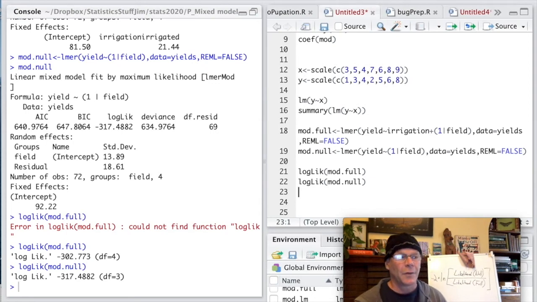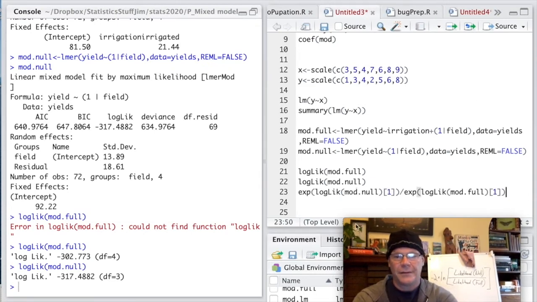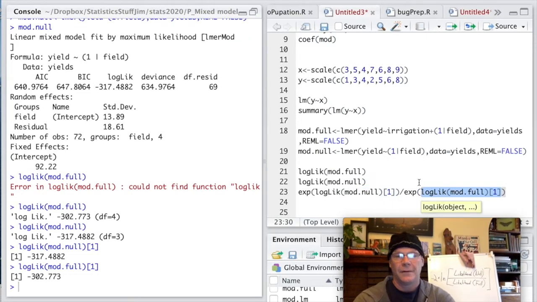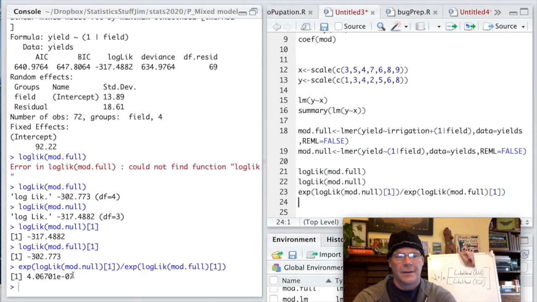So we could look at the ratio between those two, and I will do that. I will copy and paste. Here I'm putting this little bracket 1, so it's just extracting that value for the likelihood, so I don't have to deal with those degrees of freedom. So we can go ahead and do that, and that is the ratio.